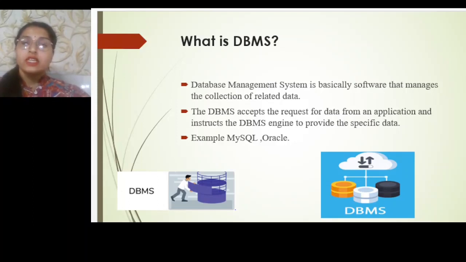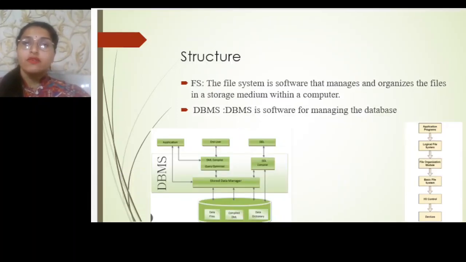So far we have studied what a file system is. A file system is a way of arranging files in the storage medium, whereas a database management system relates to managing a collection of interrelated data. Now the differences we are going to study are on the basis of various points. First is structure, how it is organized.